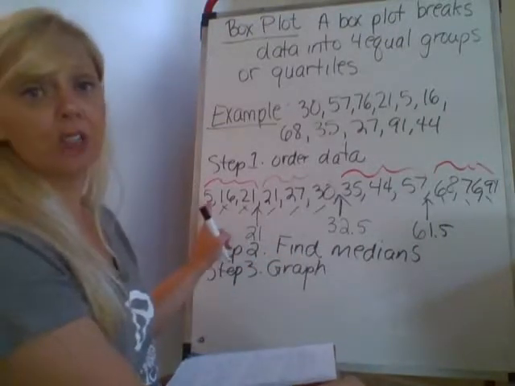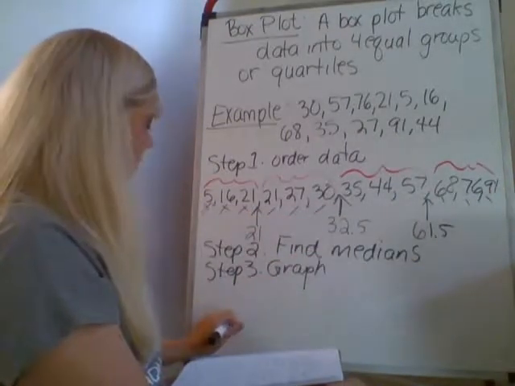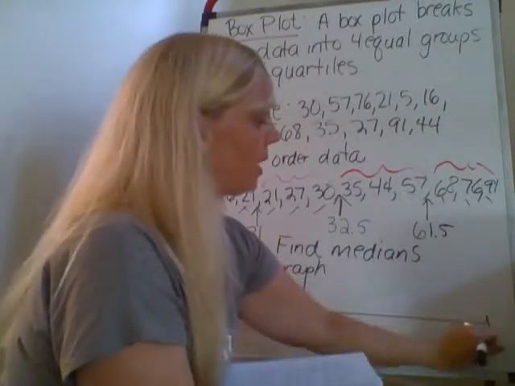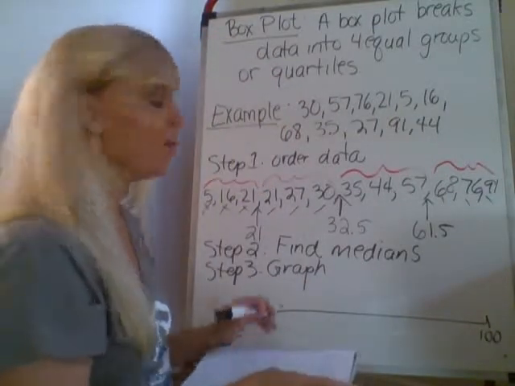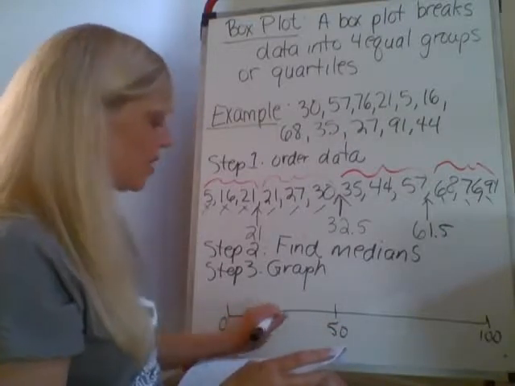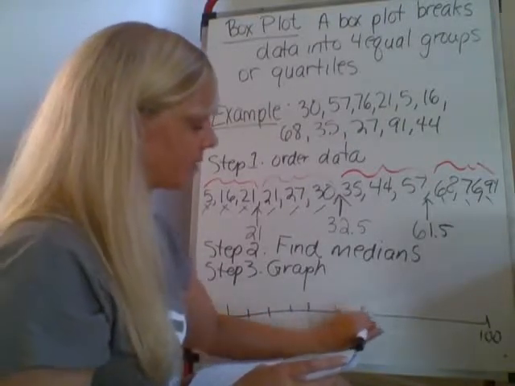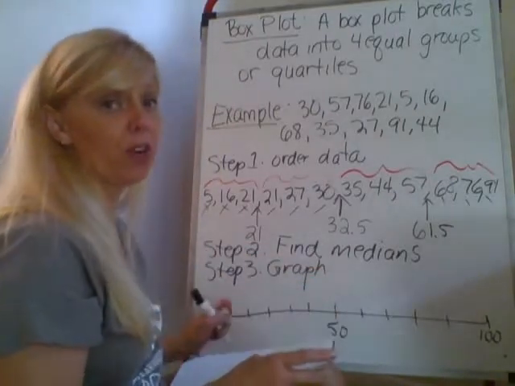My range goes from 15 all the way to 91, so I'm going to put 0 over here and 100 all the way over there, counting by tens: 10, 20, 30, 40, 50, 60, 70, 80, 90, 100.